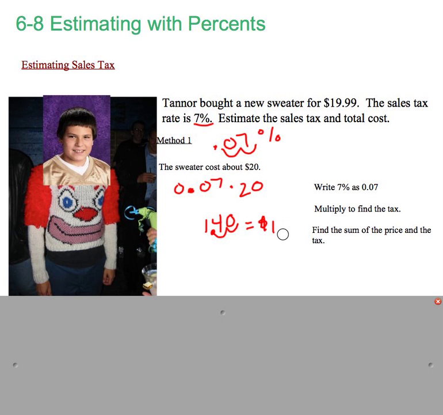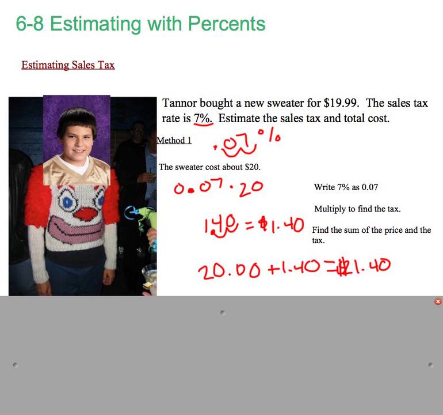That one got away from me. Our tax is about $1.40. So if our sweater was originally $20 and we're paying $1.40, Tanner is walking out of that store in his sharp new outfit for $21.40.